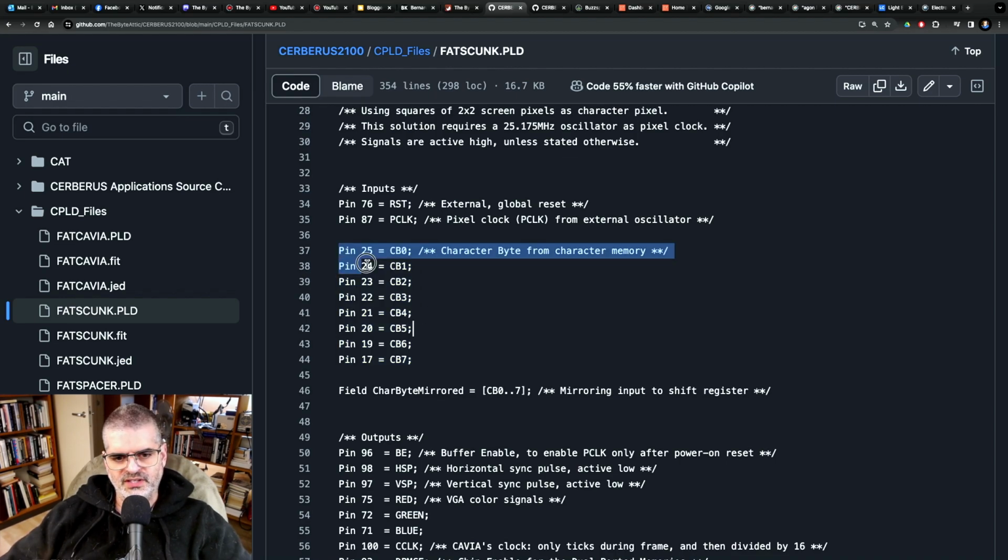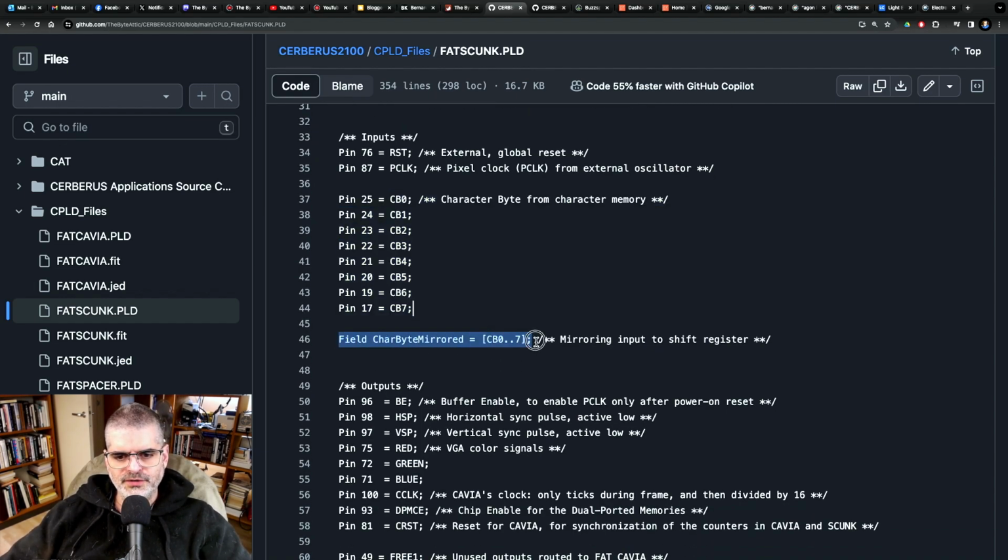So this is an input to Skunk from the character memory. That's character byte bit 0, character byte bit 1, until character byte bit 7. Each of these character bytes is one out of eight bytes of a character bitmap.